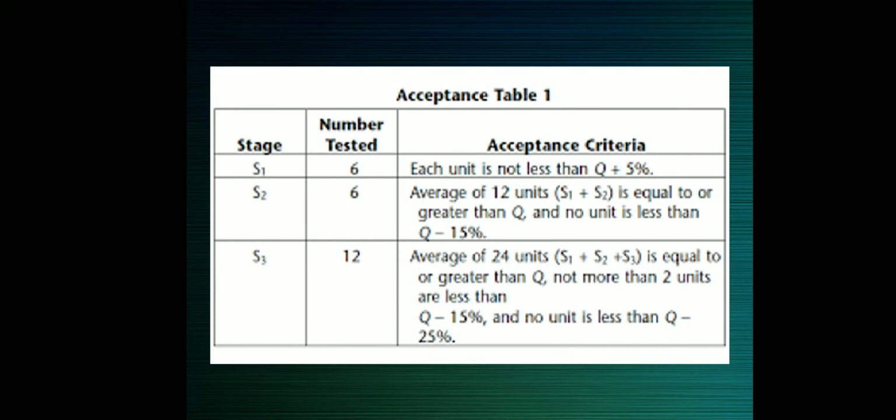The acceptance criteria for dissolution is also called the S1, S2 criteria. One stage, that is S1, is considered to be passed when the 6 tablets tested for dissolution contain not less than Q plus 5% of drug in the given specific time.